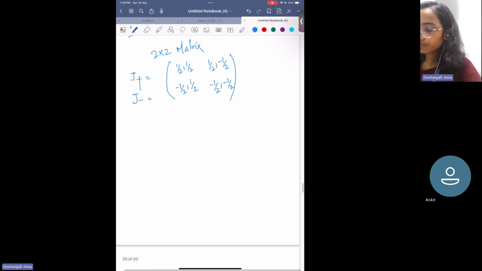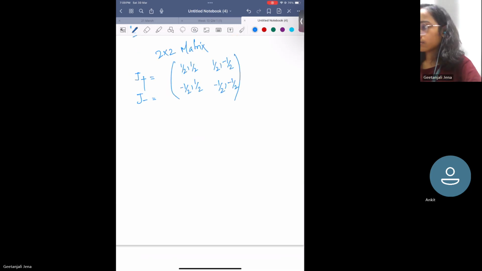So instead of any arbitrary j, here only j half and j equal to 1 was given. So for other values of j, let's say we have j equal to 3 by 2.